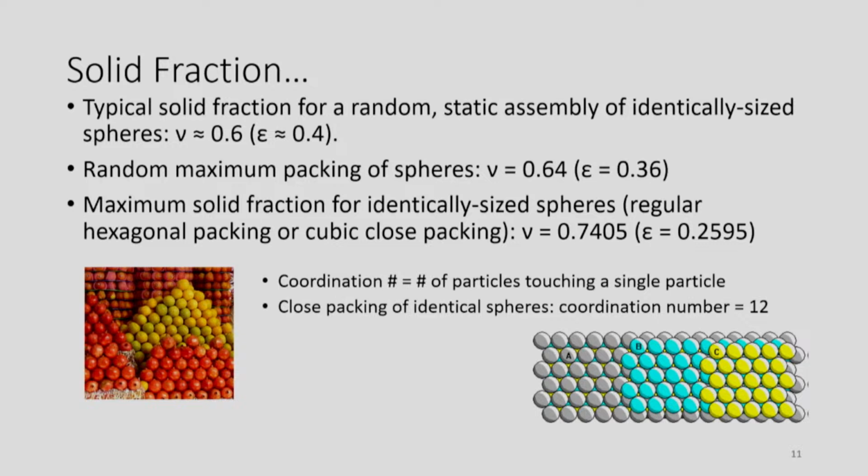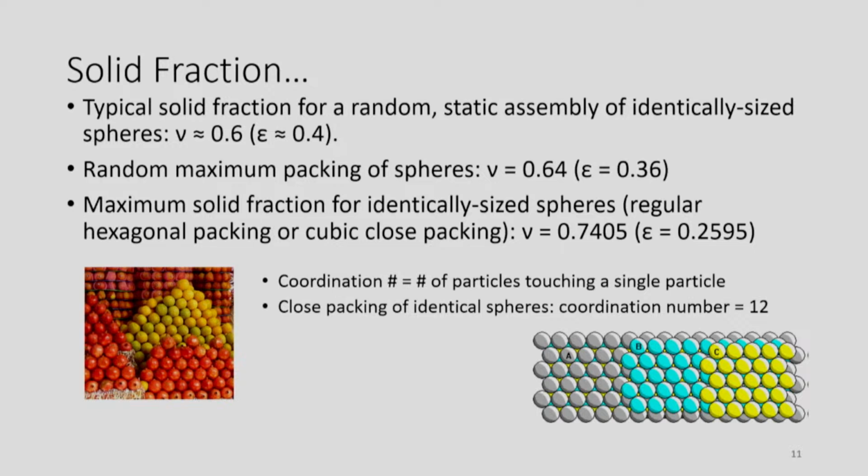If it's very close packing, then you get a maximum solid fraction of 0.74. If it's random packing, it will be a little less, and the typical solid fraction for a spherical particle is 0.6. That's what we try to change by the compaction process, changing the solid fraction by compaction, so making it closer.